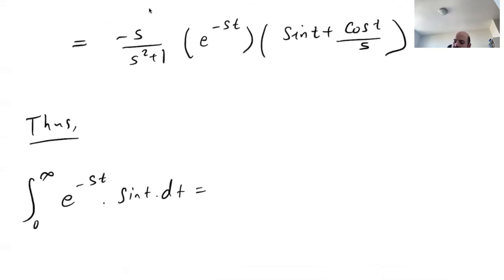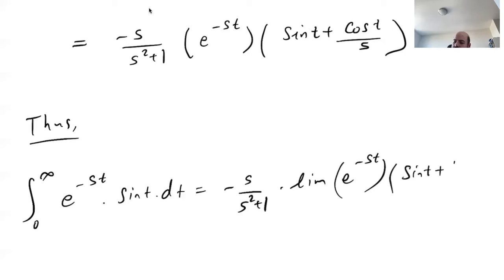So it's going to be minus s over s squared plus 1 times limit of e to power minus st times sine t plus cos t over s as t goes to infinity. And then minus evaluate at 0. If I evaluate this at 0, e to power 0 is 1, sine 0 is 0, cos 0 is 1. So it will be 1 over s times this, which becomes minus 1 over s squared plus 1.